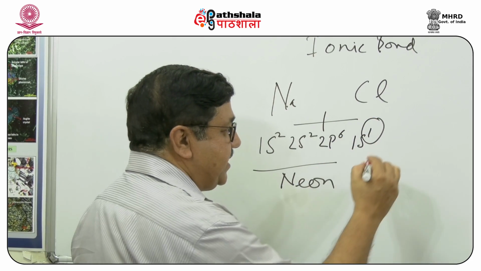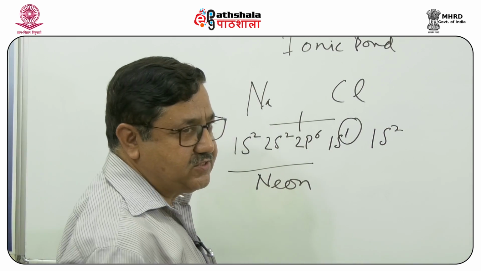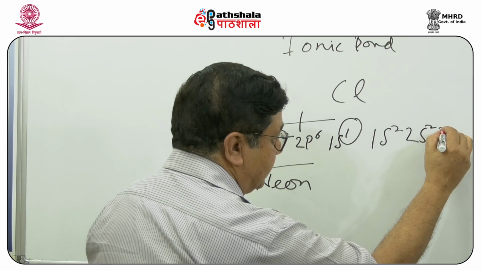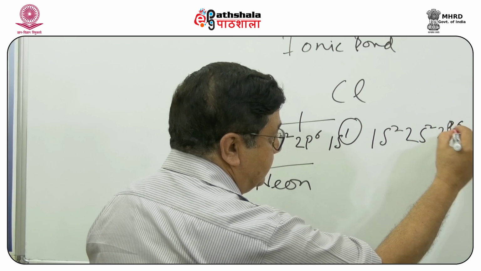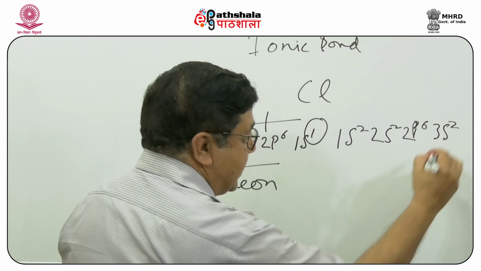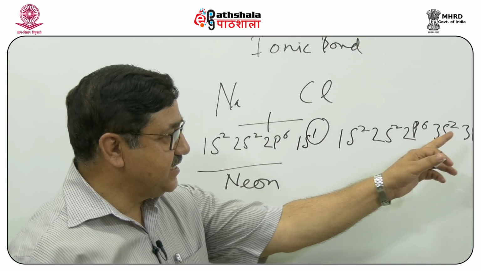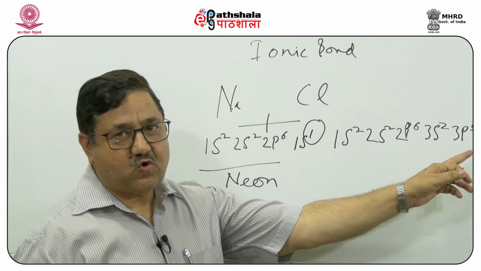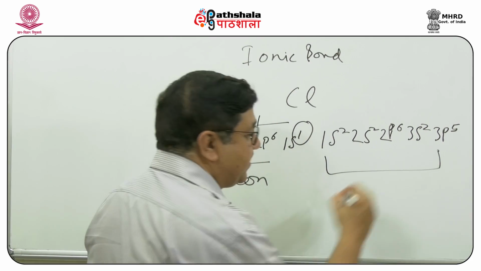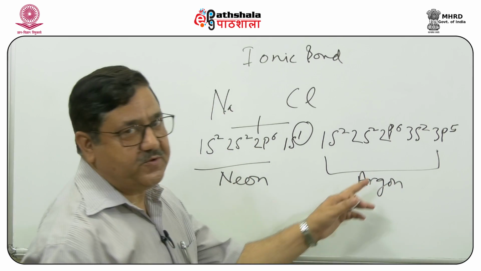When we look at chlorine and write the same distribution of electrons, as you can see, there is scope of having 1 more electron, which will make it a stable argon distribution.